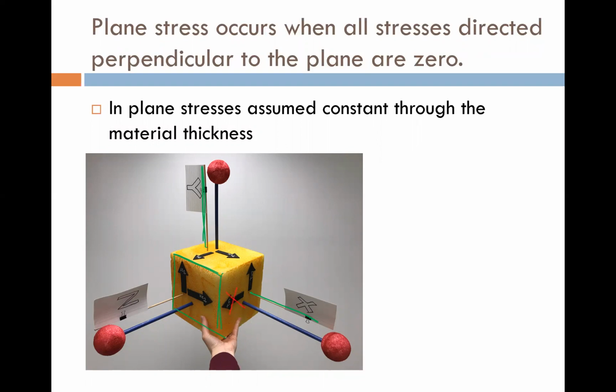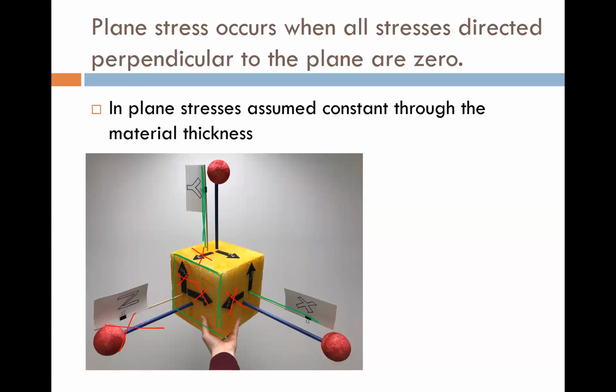So that means this shear stress would be zero, that shear stress, this normal stress, and the other thing that is not stated there, but is important, is that these stresses that occur on a face that is normal to that direction are also zero.